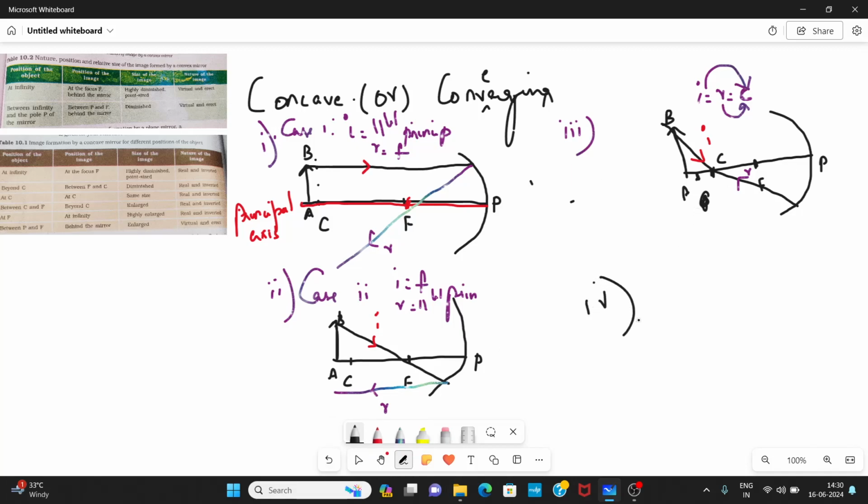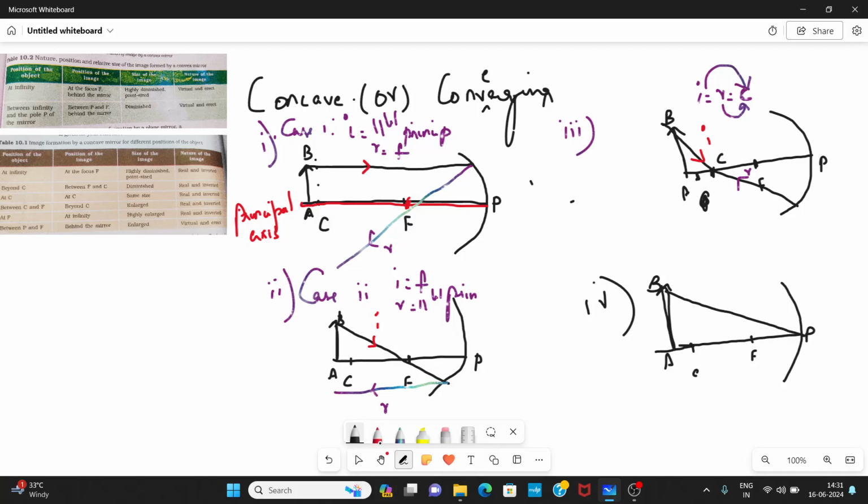Case 4, I'm going to talk about a point where, see, this is my pole, focus and center of curvature. Now my incident light is obliquely hitting the mirror. So near the mirror, which part of the principal axis lies? Yes, the pole. So my incident light from the object AB hits the pole directly.